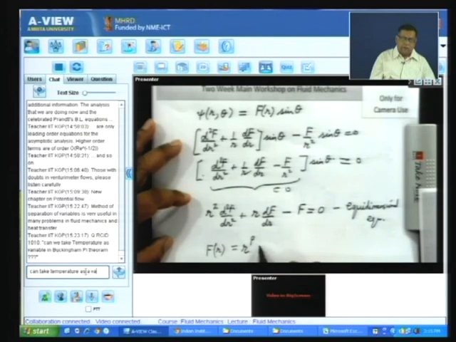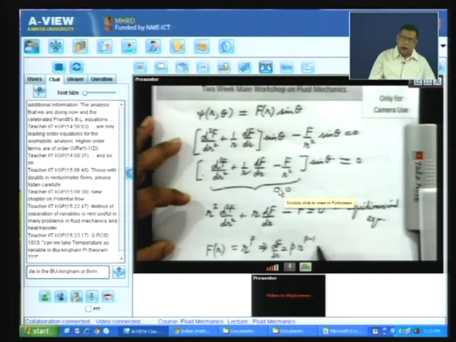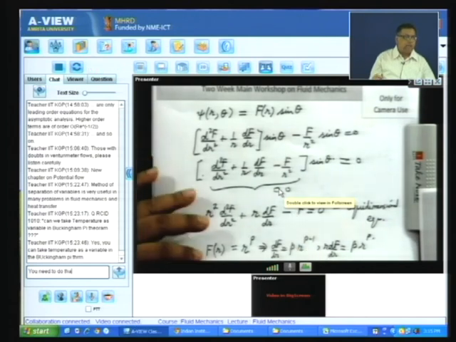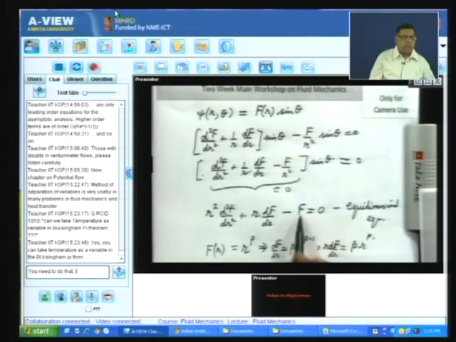If r to the power p is a fundamental solution, then df dr will be p r to the power p minus 1. Therefore, r into df dr will be p r to the power p. In the minus f term you have r to the power p, and here also you are getting back r to the power p.